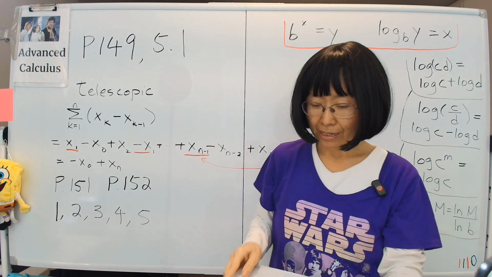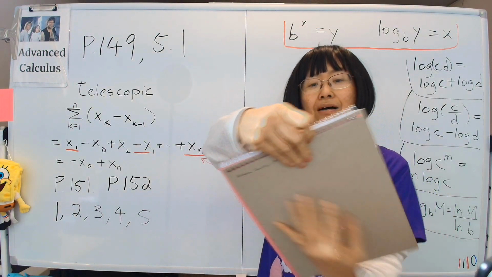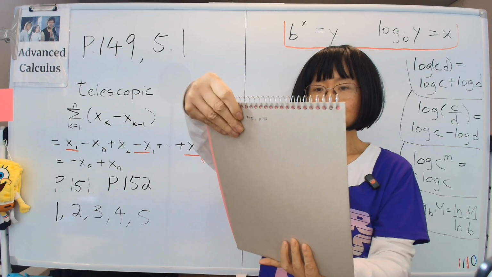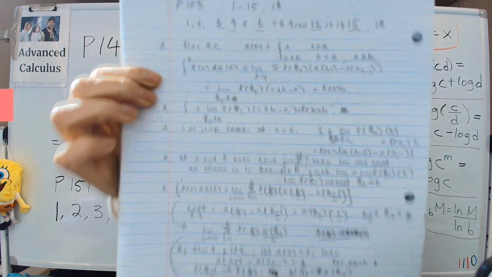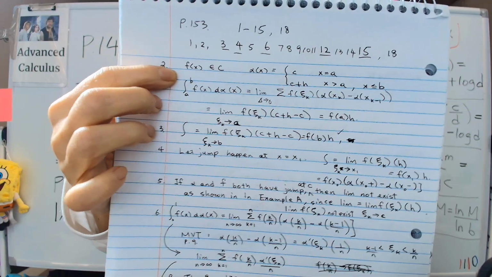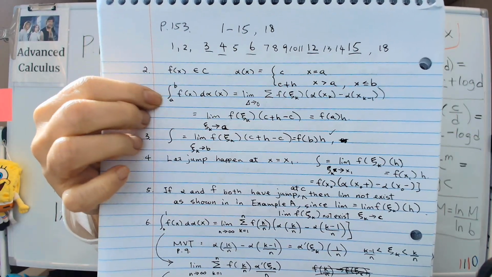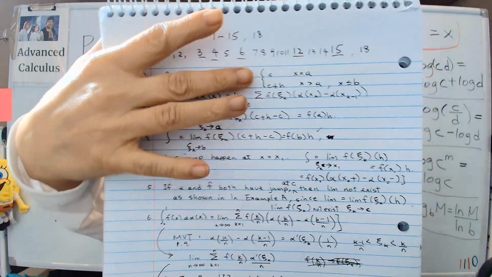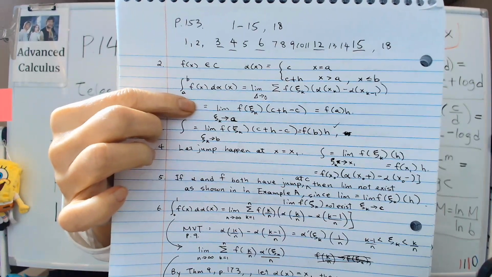Next, let's look at problem 2. It has a jump at an endpoint. It doesn't matter if the jump is at the endpoint, because by the way the definition goes, psi k can be chosen at the endpoint. So the answer is still the same.